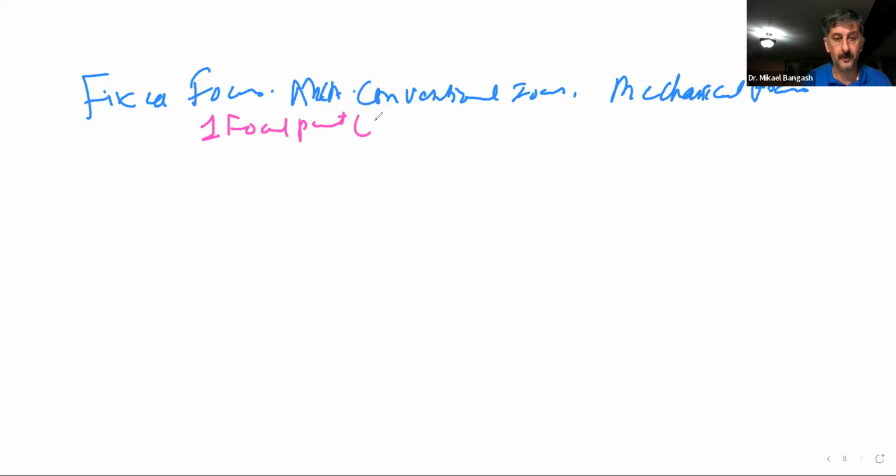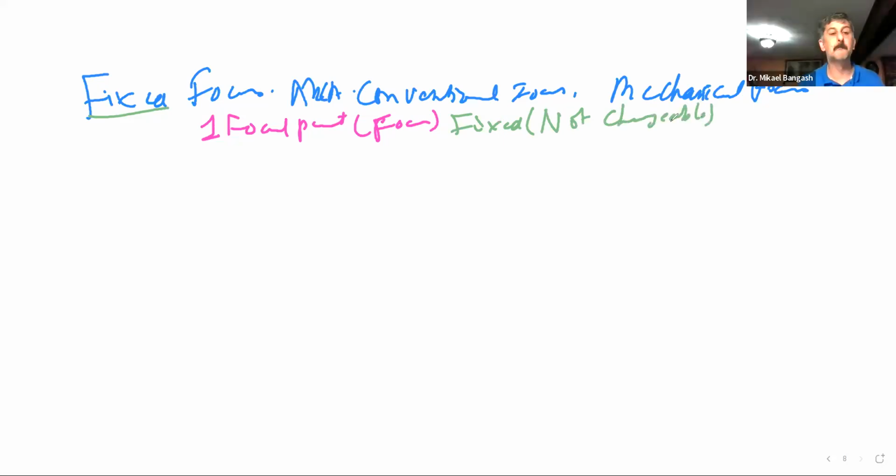Or if you don't like focal point, you can say focus. And as we already have said, it remains fixed. What did it mean to remain fixed? Not changeable or adjustable. Did you girls get that?